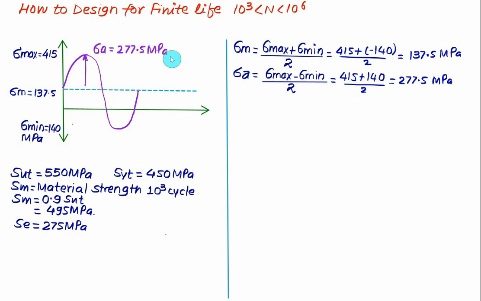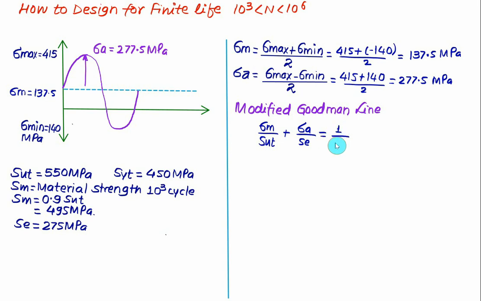Now we'll check the factor of safety for the modified Goodman line. The modified Goodman line is obtained by joining SE with SUT. So we have mean stress divided by ultimate strength plus amplitude stress divided by endurance strength equal to 1 upon factor of safety n.